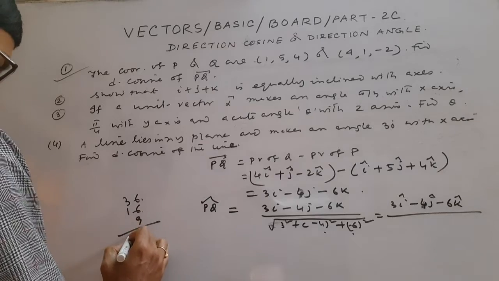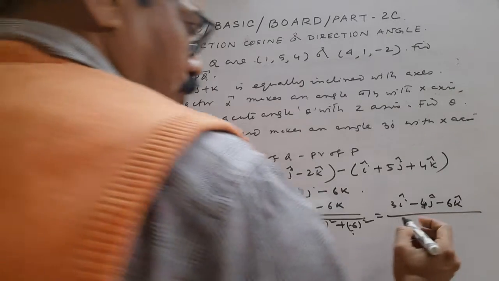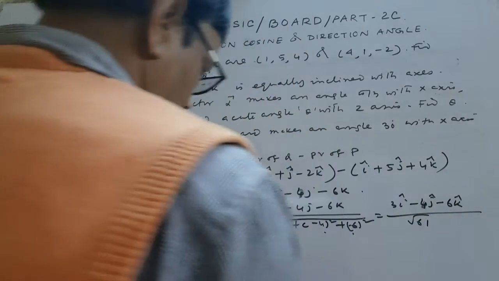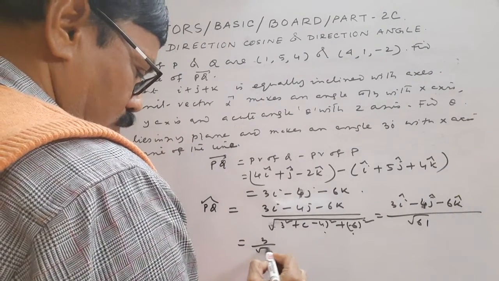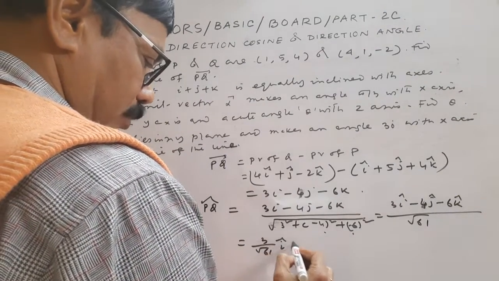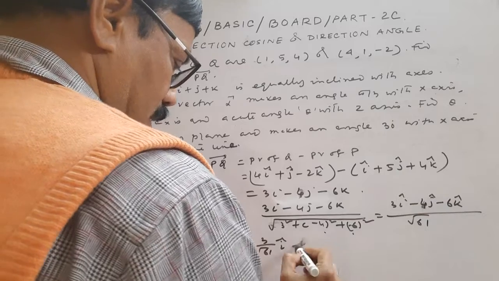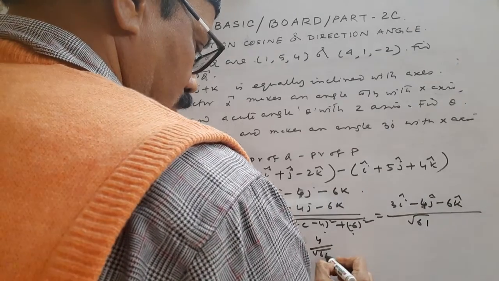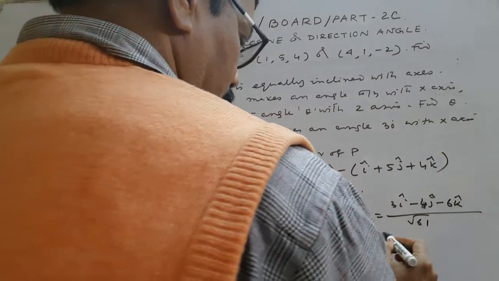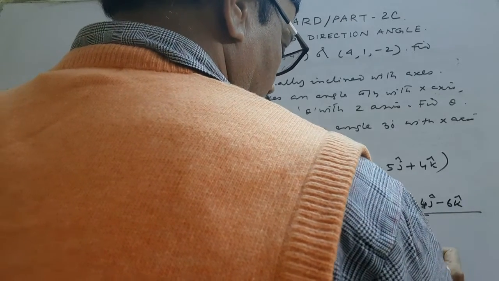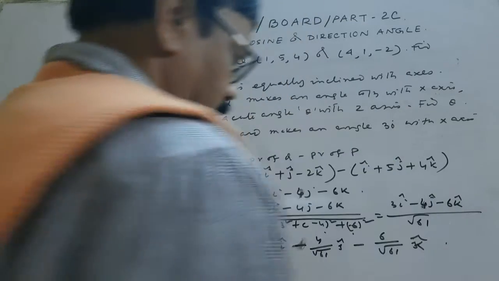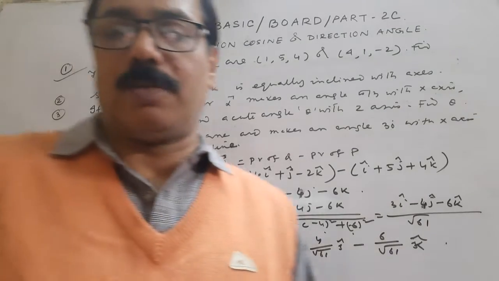So this is 3 by root over 61 into i cap, minus 4 by root over 61 into j cap, minus 6 by root over 61 into k cap. So it is a unit vector.